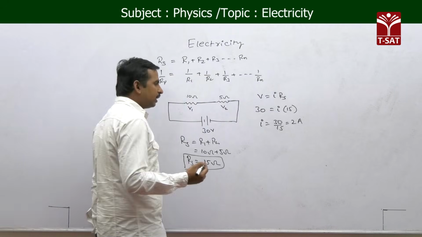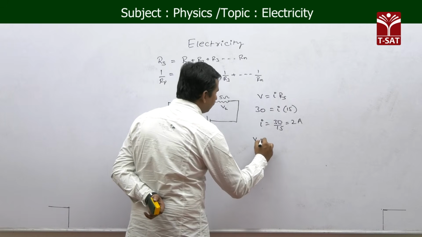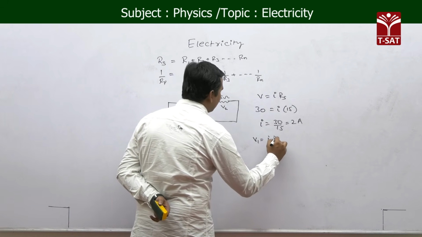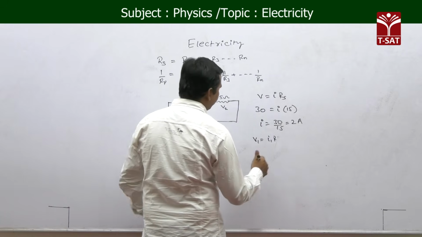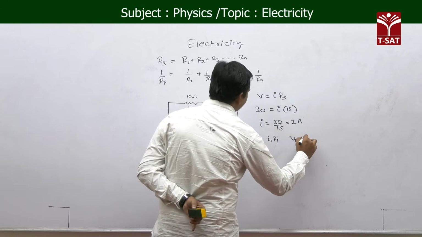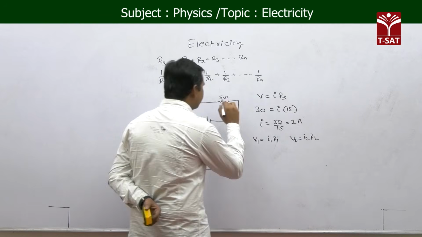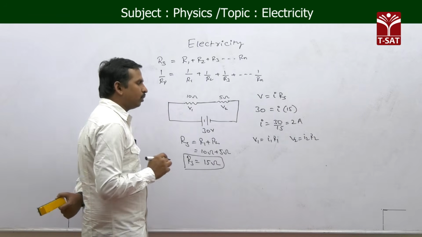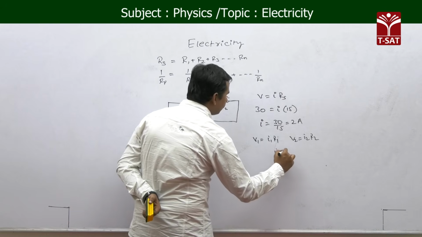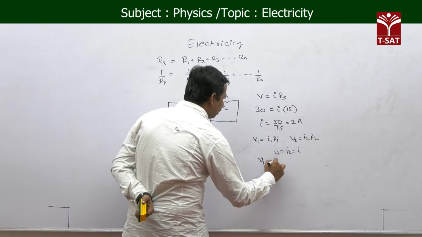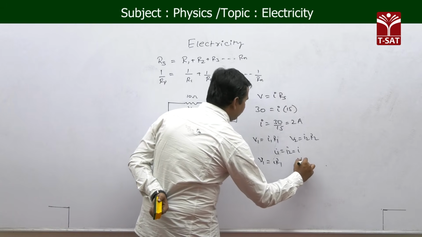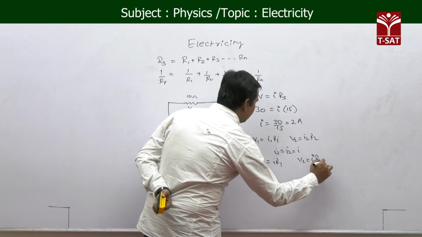V1 is equal to I1 R1 and V2 is equal to I2 R2. As this is a series connection, I1 is equal to I2, equal to I, so V1 is equal to I R1 and V2 is equal to I R2.